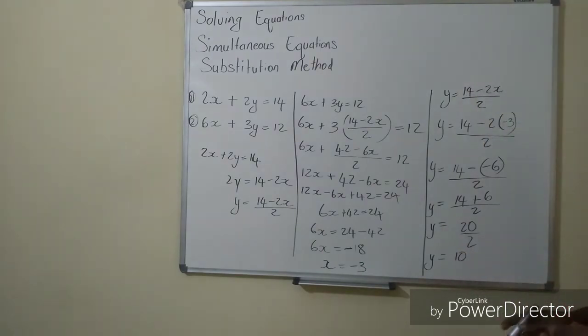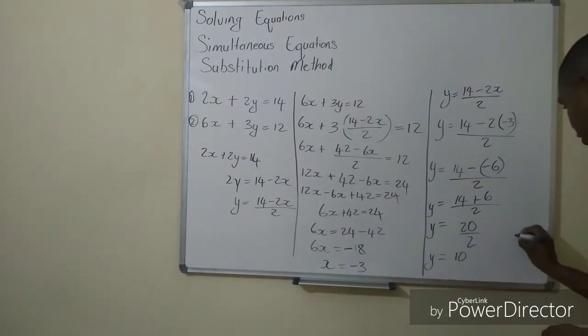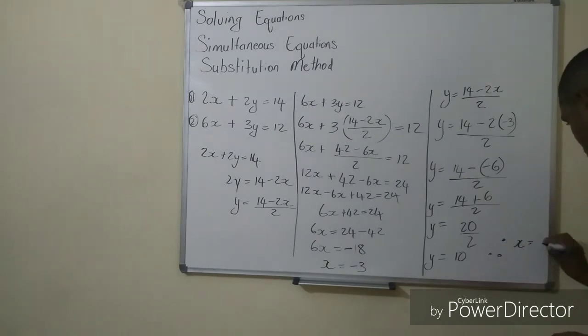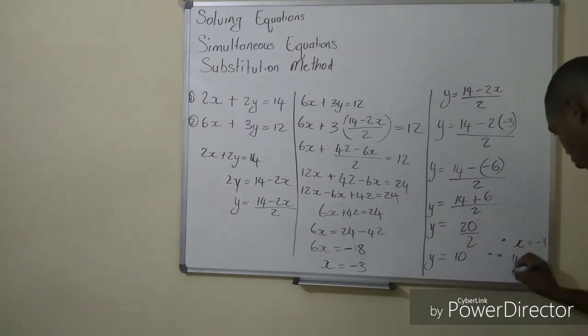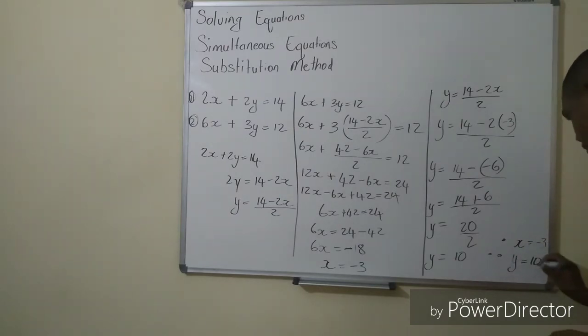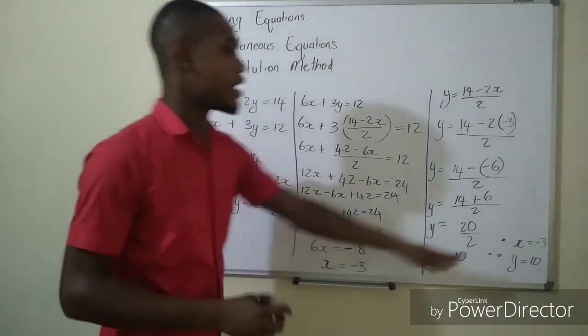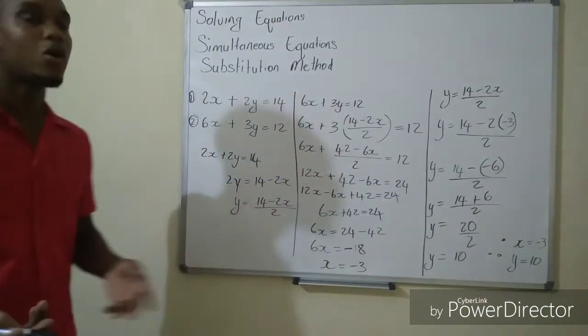So y is equal to 10. And when you finish, you just simply put your therefore: x equals negative 3, y equals 10. You just put therefore and then you put the answers by themselves. So that's how you do substitution.